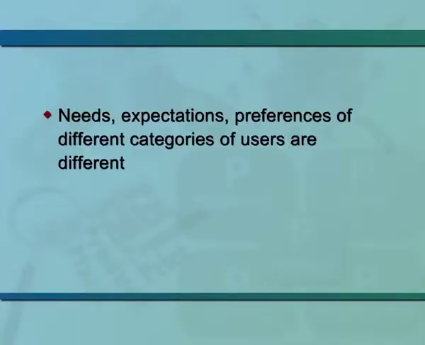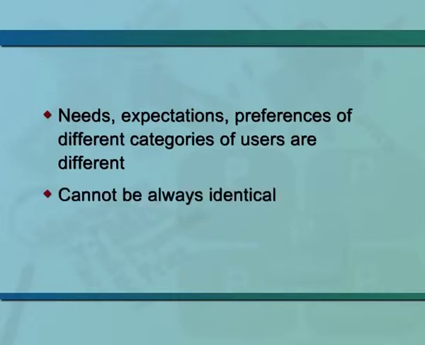The forming of a product mix is no doubt a challenging task, since the marketing professionals are supposed to blend the core and peripheral services optimally. In the tourism industry, a deeper product line is found a must. This is due to the fact that needs, expectations, preferences of different category of users are different and cannot be always identical.